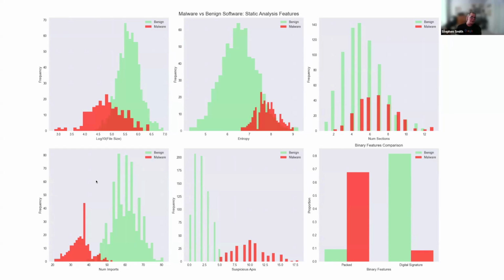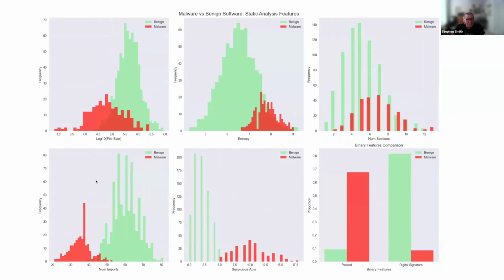So we're simulating static malware analysis by generating synthetic features based on a real PE file, right? PE file format is typically used for executables. If you saw the description I gave of the VirusTotal data for the Capstone project earlier, that's based on PE files. So some of these names might sound familiar.